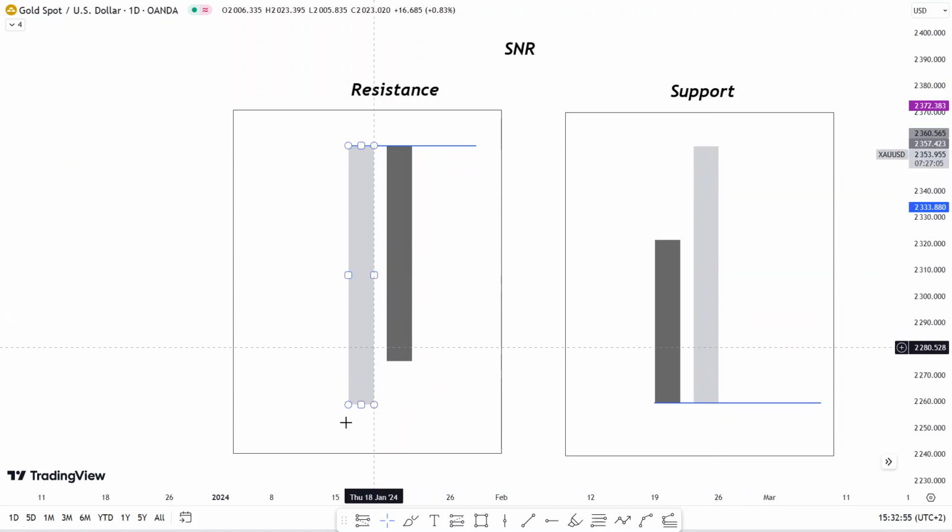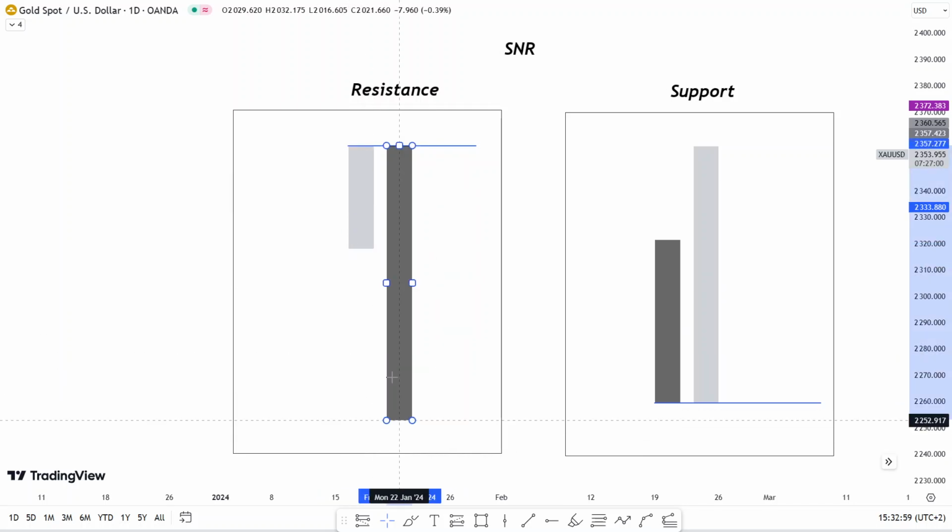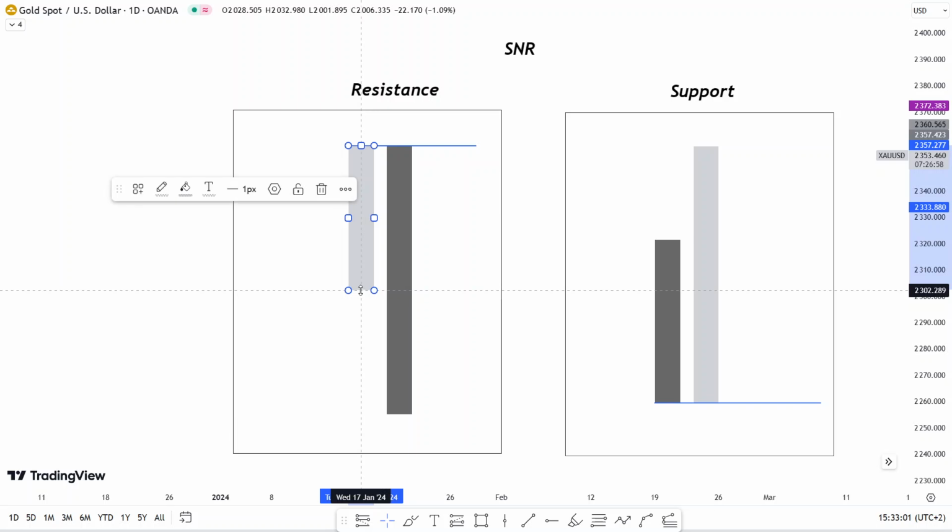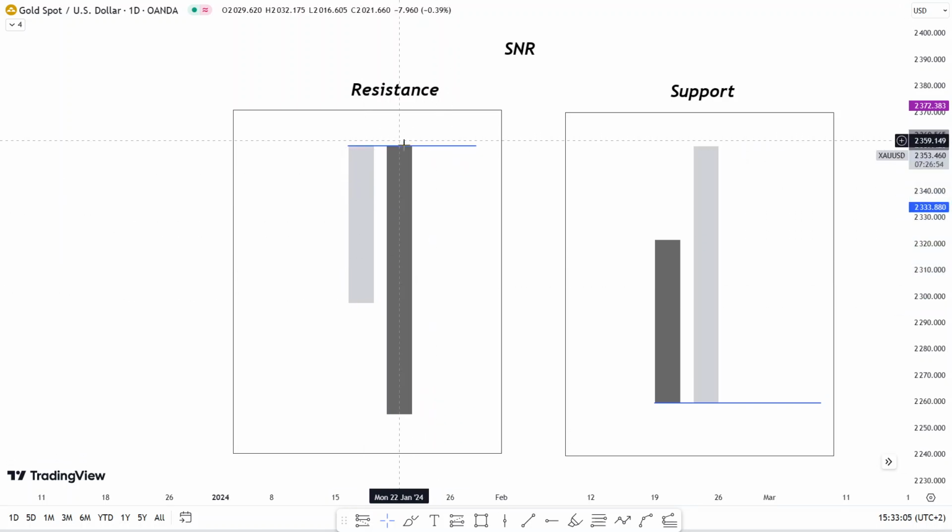Just like with this resistance, it's a buy. So usually you'd want to see a momentum to the downside, just to show you that price is really struggling to break above, and then this momentum shows that price is willing to go lower. Just like here, price is having a difficult time trading lower, so it got an area. It's being supported to go higher.